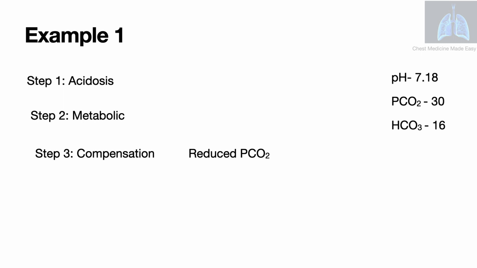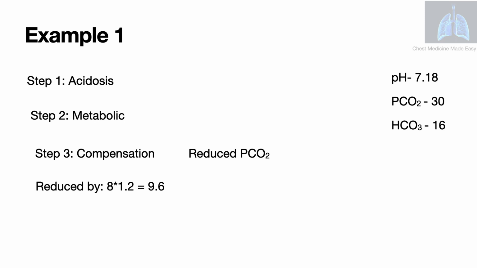How much will the PCO2 reduce by? For every unit fall in the bicarbonate, there will be a 1.2 unit fall in the PCO2. Here the bicarbonate has fallen by 8 units, so the reduction in the PCO2 would be expected to be 8 into 1.2, that is 9.6 units fall in the PCO2.